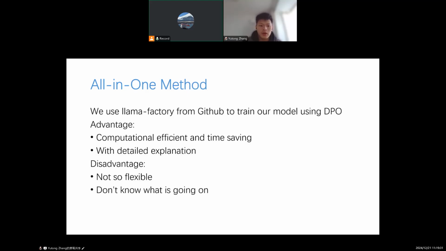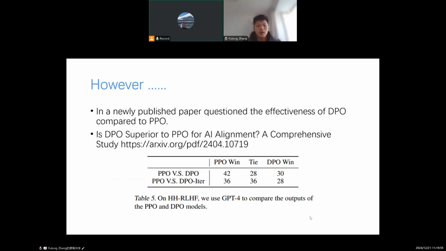Its advantages are, first, it is computationally efficient and time saving. Second, it has detailed explanations about how to train a model and shows the diagrams of training loss and validation loss. However, it has some disadvantages, which is that it is not so flexible and we don't know what's going on under the hood. Right.